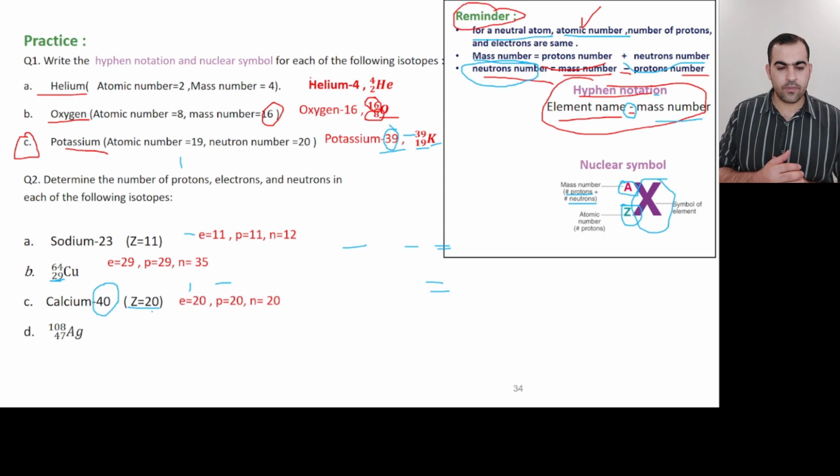Also, this is the answer. Silver: this 47 is the protons number, atomic number, so protons number and electrons number equal 47. Neutrons number is larger number minus smaller number: 108 minus 47 equals 61.